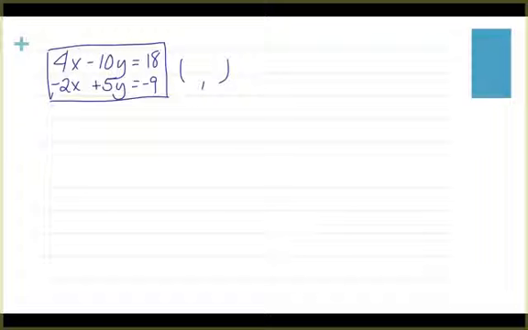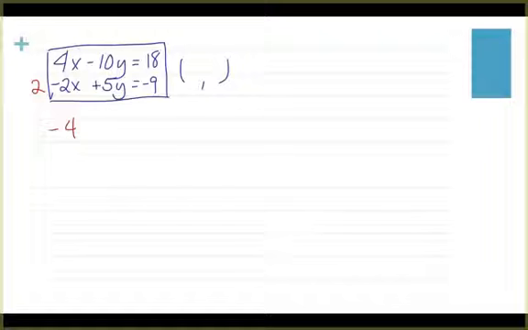And what can I multiply by to get something to drop out? Let's see, my signs are negative on my x's. I can multiply the bottom one by 2. That looks pretty painless, so I'll do that. Oh, both my x's and y's are going to drop out.